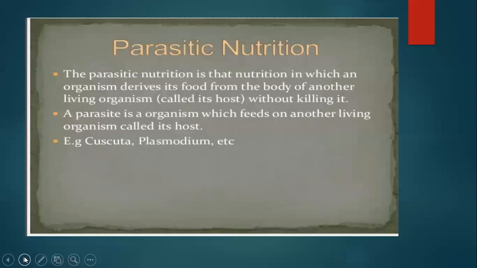Generally, the host may be a plant or an animal. Most of the diseases which affect mankind, his domestic animals and his crops are caused by parasites. Some other examples of parasites, other than Cuscuta, are Plasmodium. Plasmodium is a parasite which causes malaria disease.